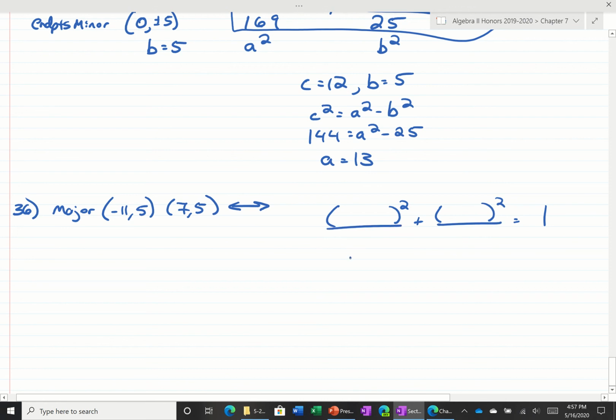So our a squared is going to be over here. We also know the coordinates of the center. That would be the average. So the average of 5 and 5 is 5. The average of negative 11 and 7 is negative 2.